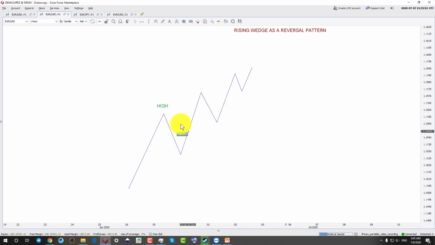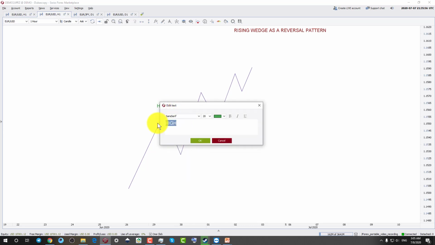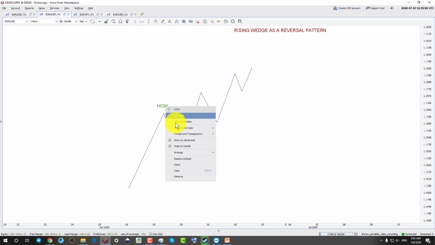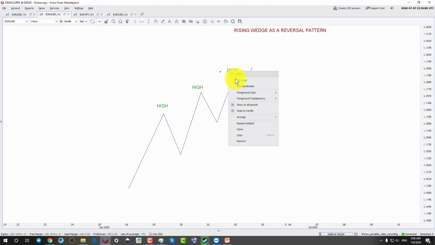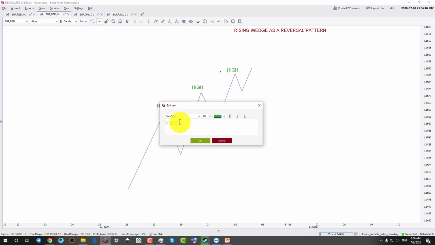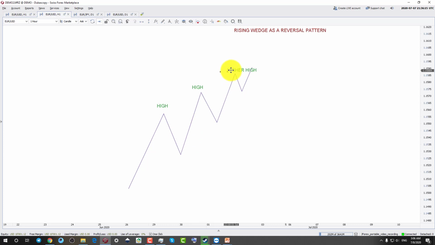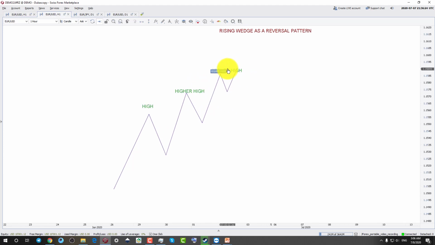Now this is a high, this one is a higher high, this one is even a higher high.